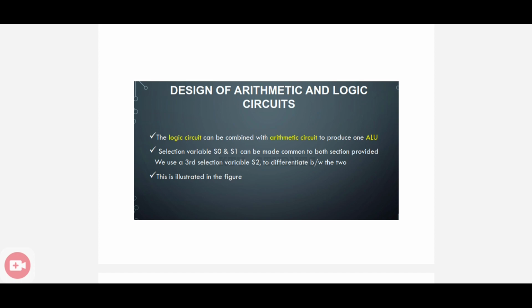S0 and S1 can be made common to both sections, and we can use a third selection variable, that is a mode select variable, S2. Why are we using S2 as a mode select? We can select the mode. Which mode? Arithmetic mode or logic mode.